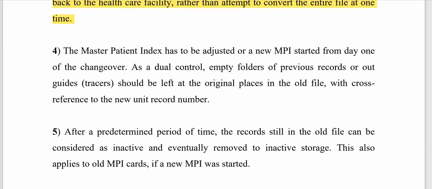Okay. Another step, step 4, is that we talked about the master patient index. All right. So therefore, the master patient index has to be adjusted, or a new MPI has to be started from day 1 of the changeover. Because whatever you are changing, if you are changing the numbers on the files, therefore you're also changing the same numbers in the master patient index.